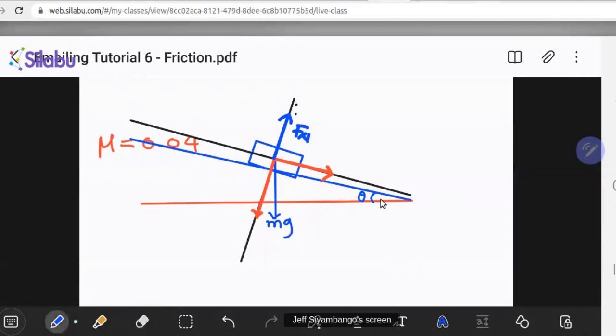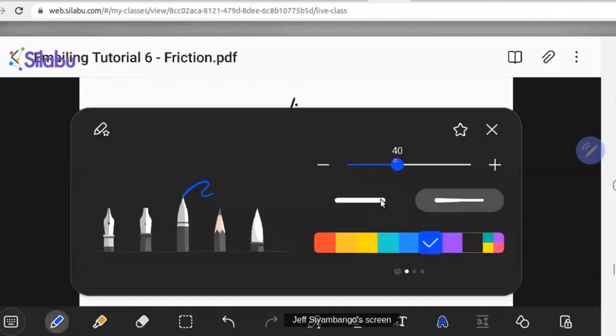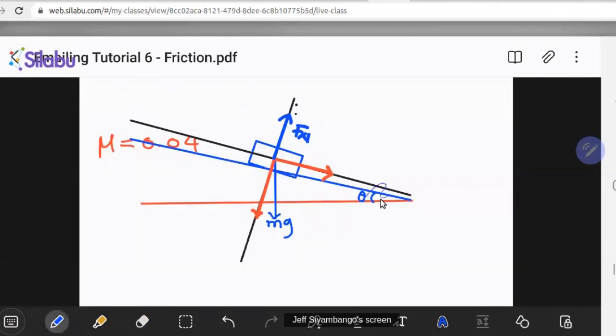The other thing I mentioned last time is, if the angle here is theta, then the angle here will also be theta. This is what enables us to say the component of the weight here will be mg sine theta. I think I already showed you how this goes. In the end, you can just take it that the component of the weight that will always be in the x-axis for an inclined plane is given by this.